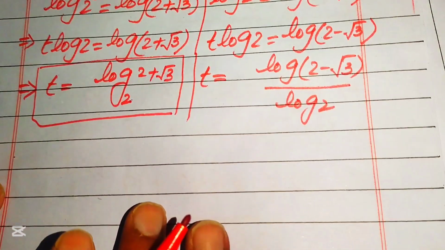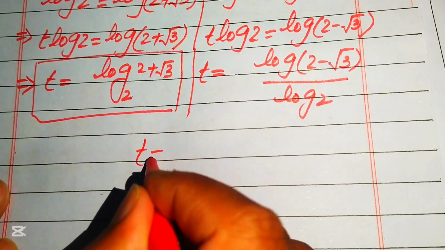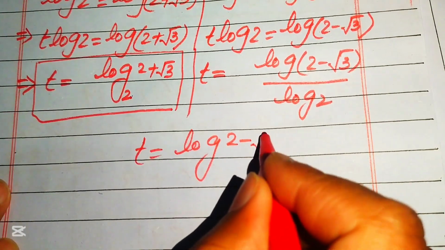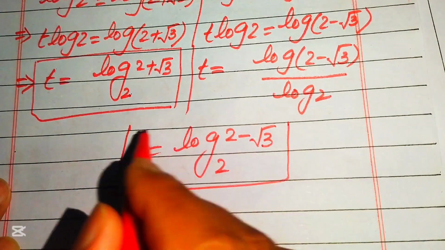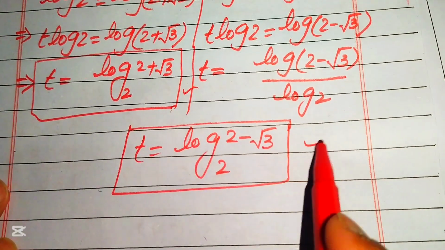Here we again apply the property of log, and we combine these logs, and it will be written as t equals log of 2 minus square root of 3 with base 2. So these are our final two values of t in this problem.